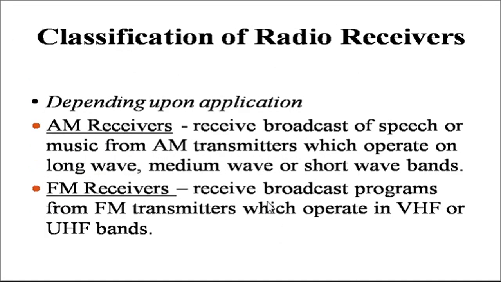Coming to the next point, classification of radio receivers. There are different applications of these receivers. Depending on those applications, receivers may be classified as AM receivers and FM receivers.